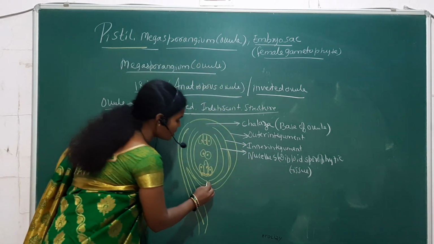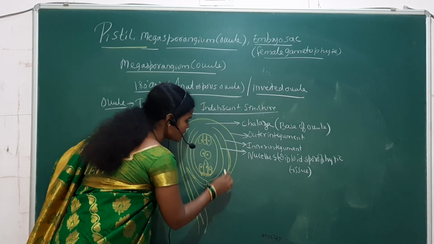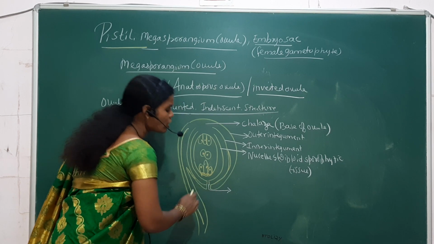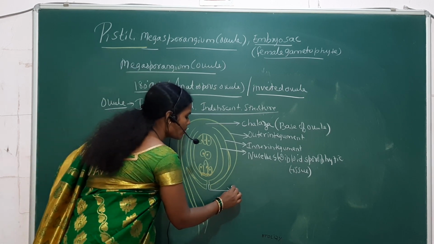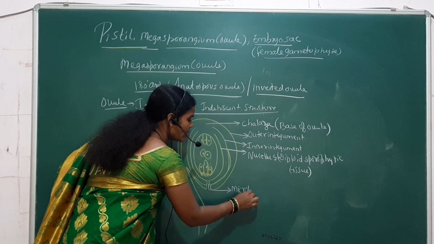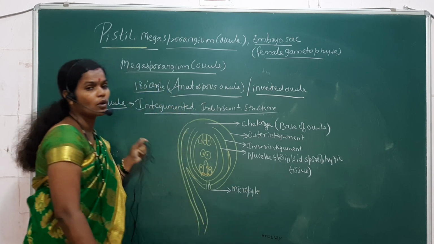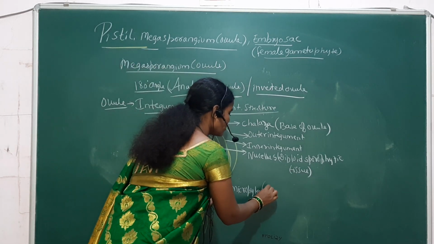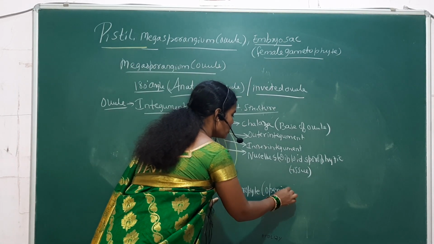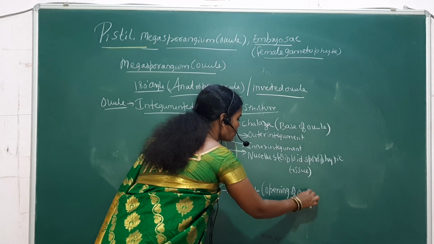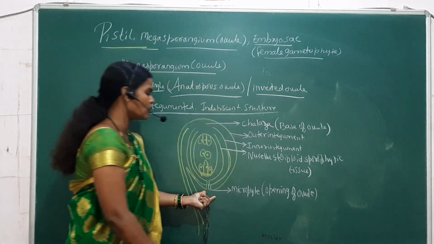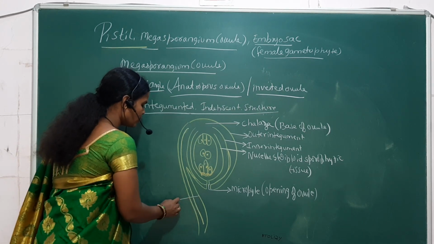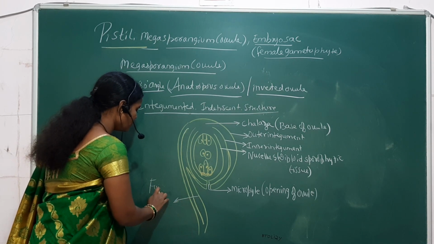Now coming to the lower part, the passage. This nucellus is opening through a small passage-like structure called micropyle. So micropyle is the mouth of the ovule, we can say. It is the opening of the ovule. And the funicle, we can see the funicle here.